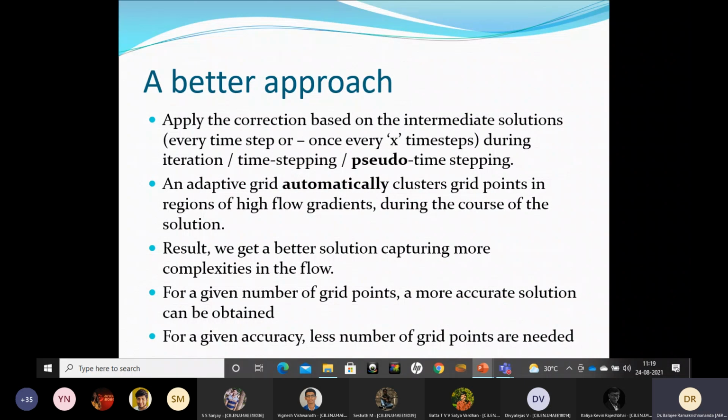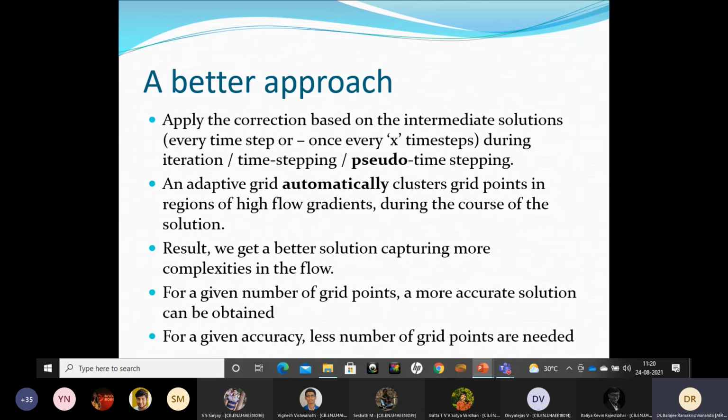It may also release the cluster at some other points where there are low gradients. That can also be done. Or it just adds more points where more detail is required. So the result is we get a better solution capturing more complexities in the flow, because you are going to cluster only in regions of high flow gradients.